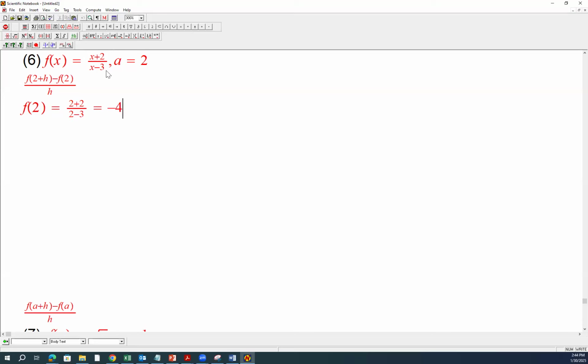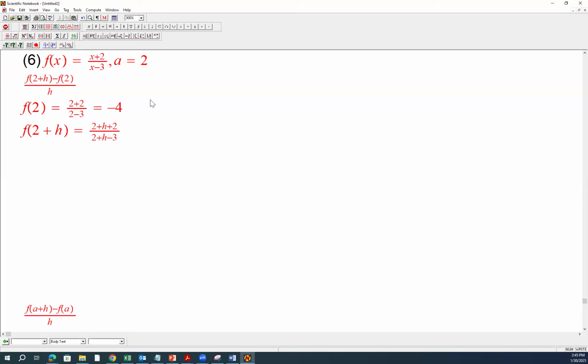So we get a negative 4. What is f of 2 plus h? Then we're going to bring this function, and every x will be replaced by 2 plus h.